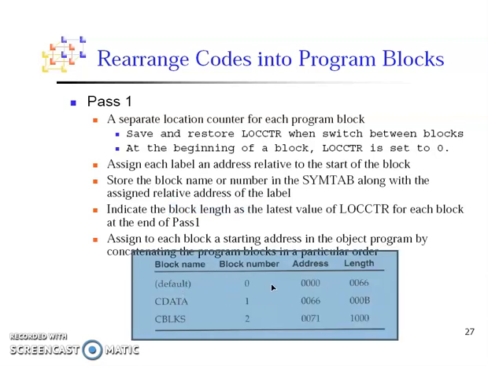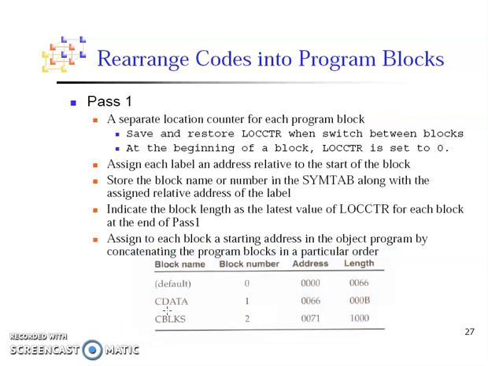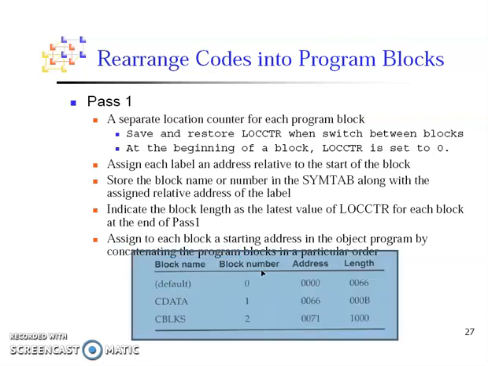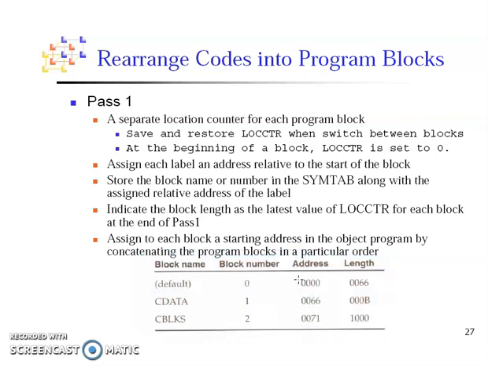This is the format in which the data will be stored in the SYMTAB: either the block name or the block number, then the address based on the starting address, and also the length of the code.